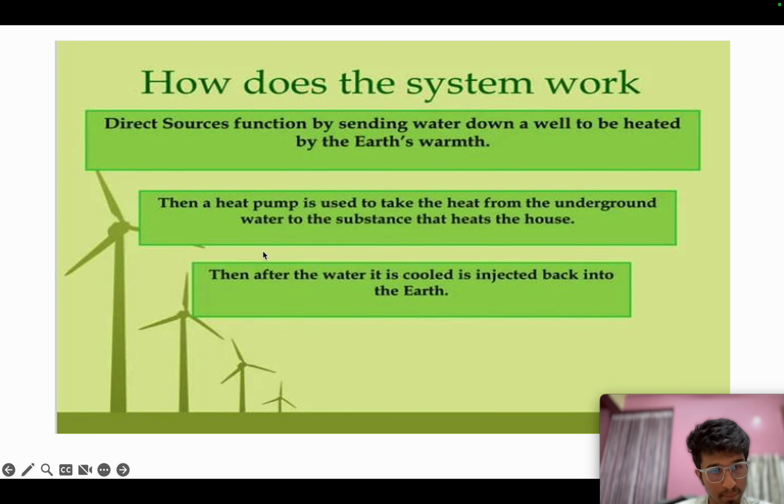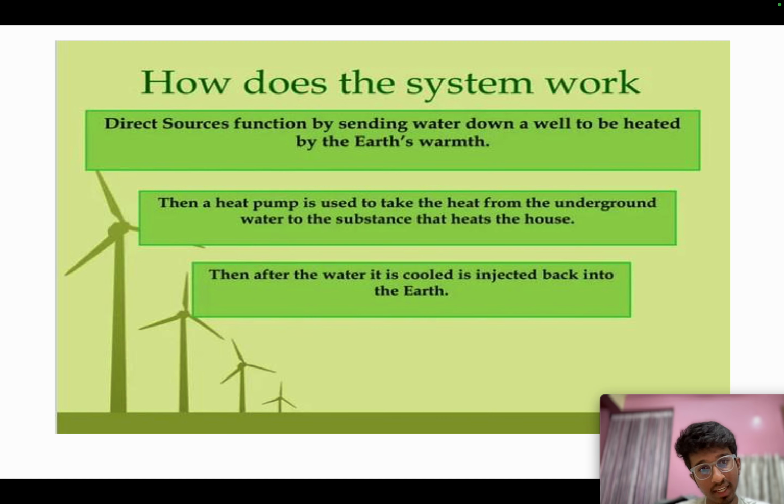Then a heat pump is used to take the heat from the underground water to the substance that heats the houses. So we are using the natural heat energy of the earth to let the water absorb the heat.